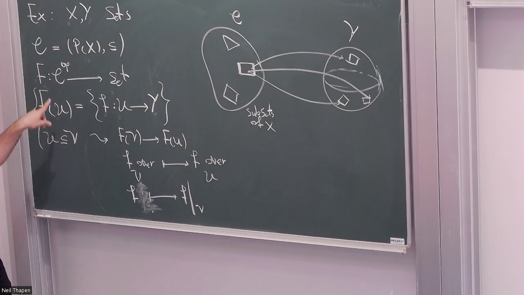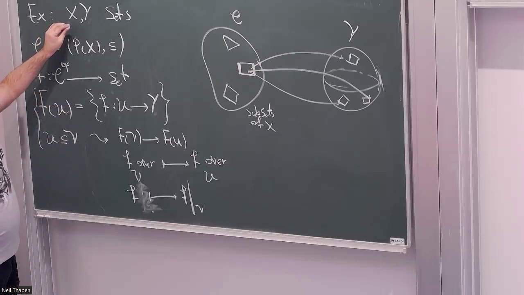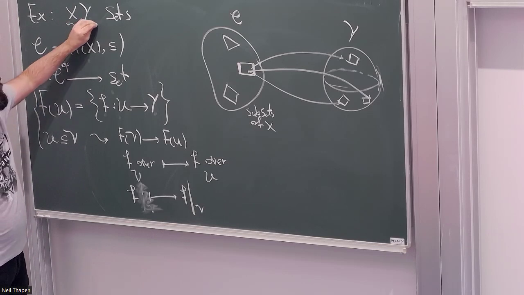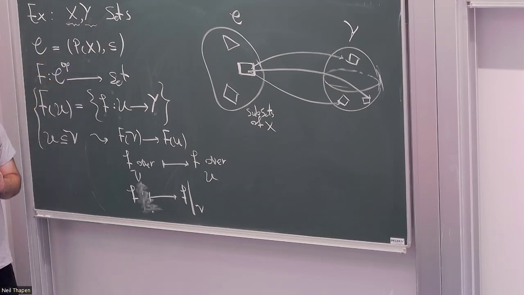So what I'm saying next, first maybe I have to say that there are many versions of this, right? You can change anything. X and Y could be just topological spaces, not just sets, right? And this C can be just the opens of X, not all subsets.